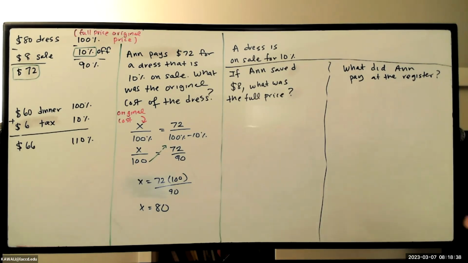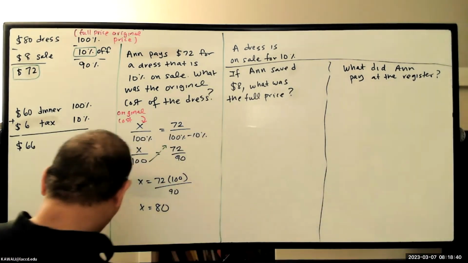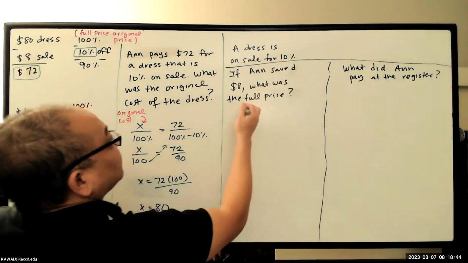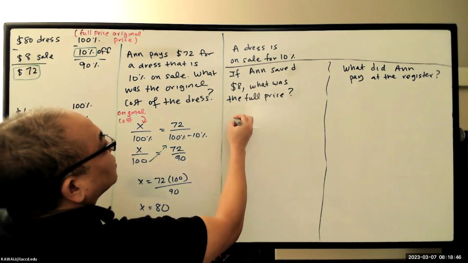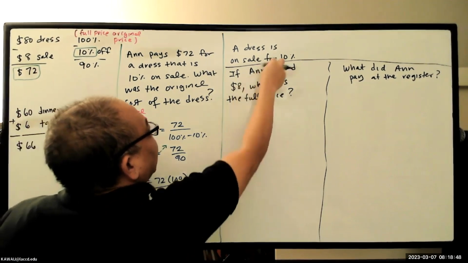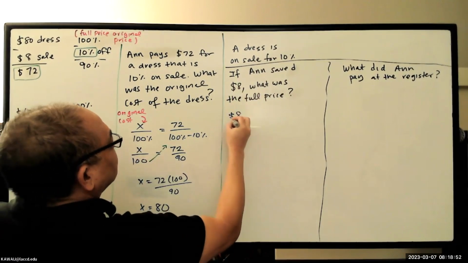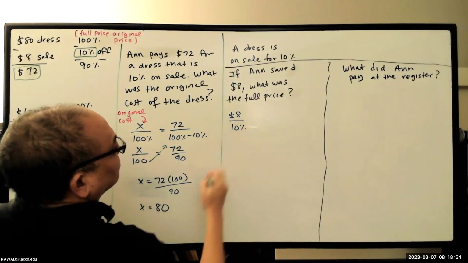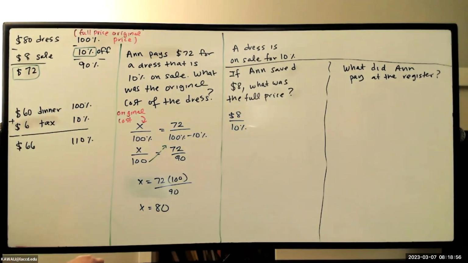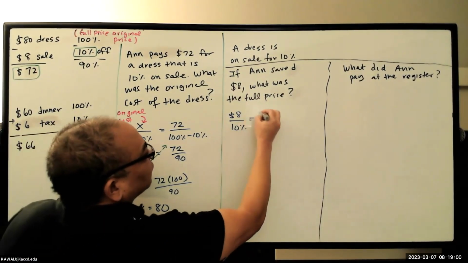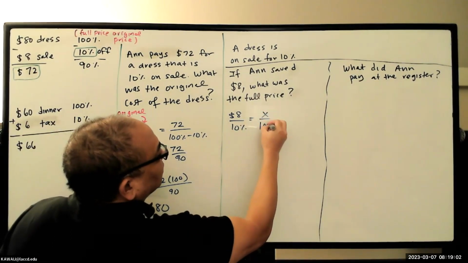Okay, so let's look at this one over here. Okay. So, and say 10%. So we know that this 8 and 10% are connected, right? So we have 8 and we have 10%. Now, what we want to know is full price. Now, remember, full price is X over 100%.